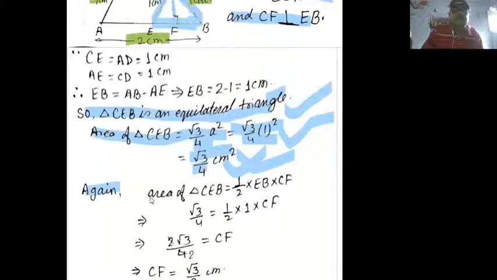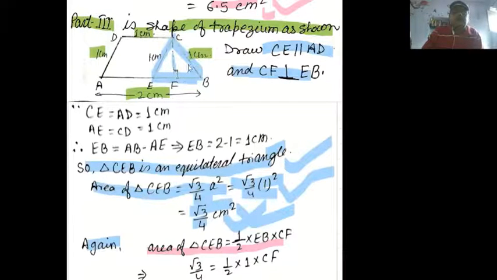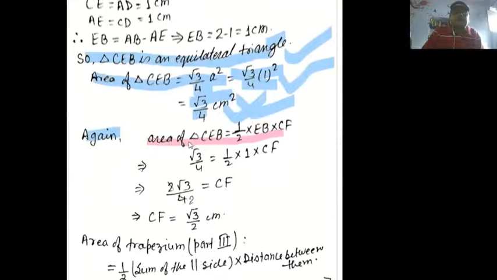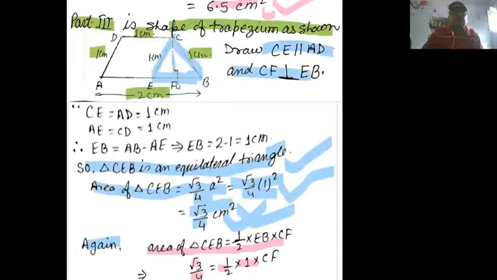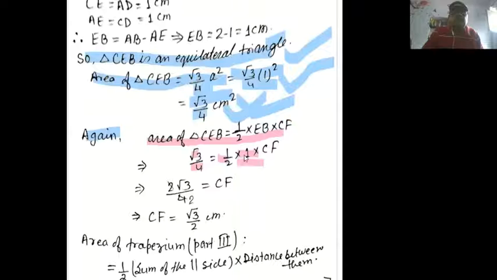Again, area of triangle equals half base into height. Put the value: the area of triangle we found is root 3 by 4, equal to half into base. Base EB is 1 centimeter. So half into 1 into height CF.